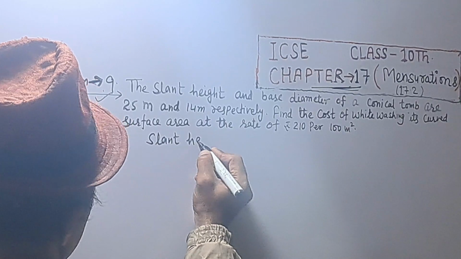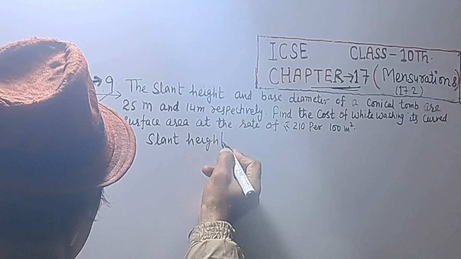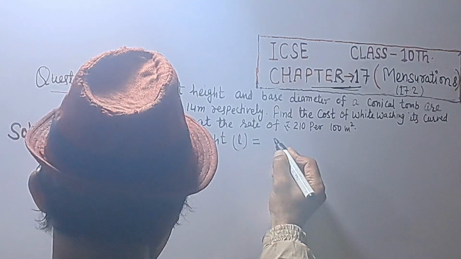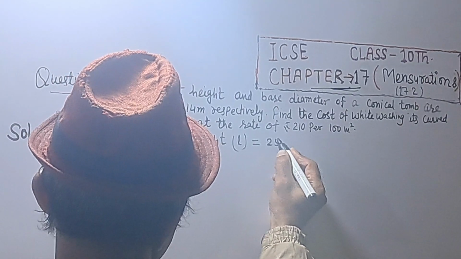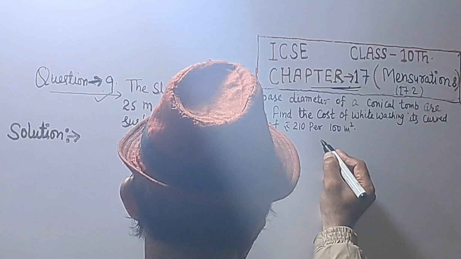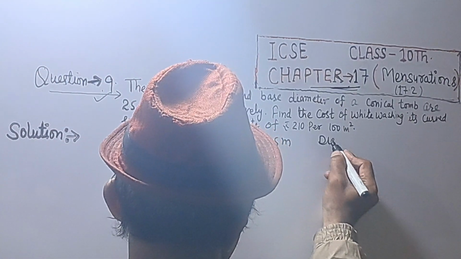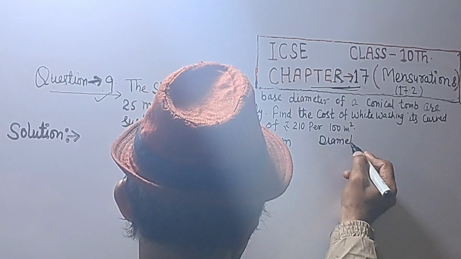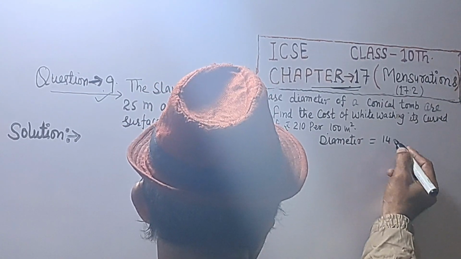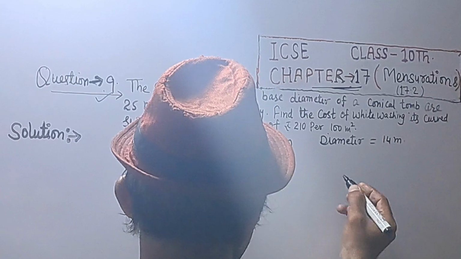Slant height L is equal to 25 meter and diameter D is equal to 14 meter.